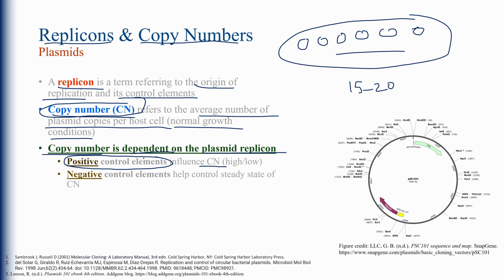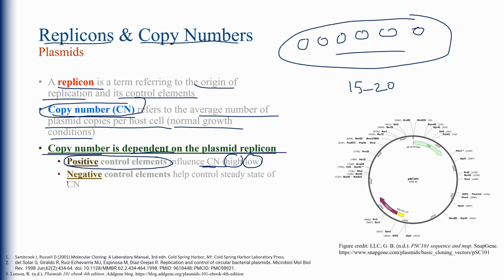And whether the positive regulatory molecules consist of RNA or protein will define the copy number. So on average, and this is a generalization, but it is a useful generalization, a replicon that consists of positive RNA regulatory molecules will have high copy number versus a replicon that relies on positive protein regulatory molecules will have low copy numbers.